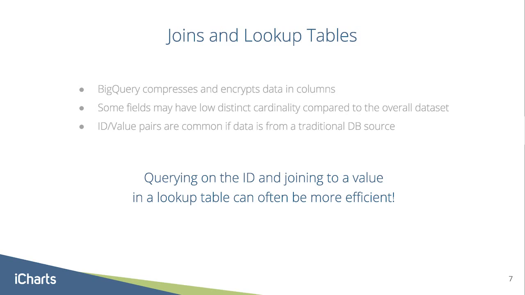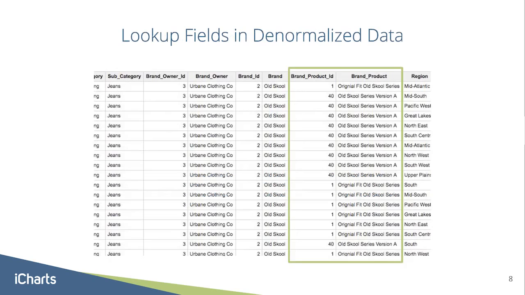And so in a denormalized way, you can, of course, include all of that information within every single row, or you can use a variety of other methods to get the data from other sources within BigQuery. So what we'll actually find is that using a query to create a join and lookup table, it can actually be more efficient than just querying on the standard denormalized data set.